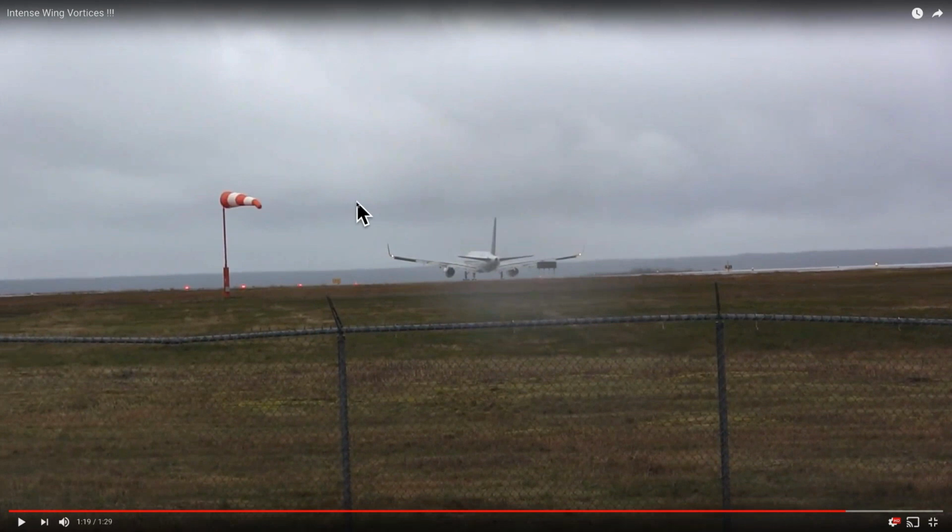So it's interesting when you're flying, especially in little aircraft, the vortices coming off the aircraft are extremely dangerous because it's called wake turbulence.